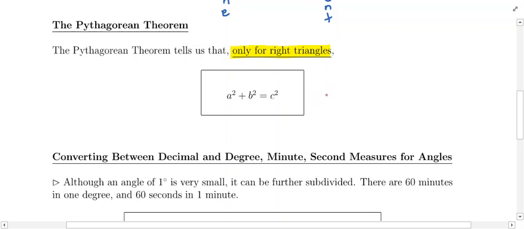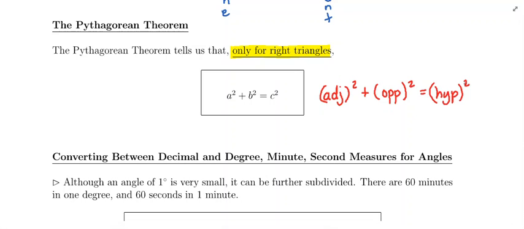So basically this is telling us that if you take the length of the adjacent side and square it, and then add the length of the opposite side squared, that's going to give you the length of the hypotenuse squared. Okay, that is what the Pythagorean theorem tells us. If you know 2 of the sides, you can plug in those 2 sides, and then that will let you solve for the remaining side.